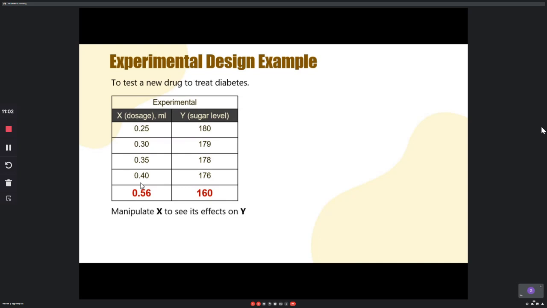So for different dosages, the sugar level will increase or decrease. That's why we manipulate. Manipulate means you make changes to the dosage, either increasing it slowly or decreasing it slowly, and then measure the sugar level. So this sugar level is your dependent variable that depends on your IV, your X here.